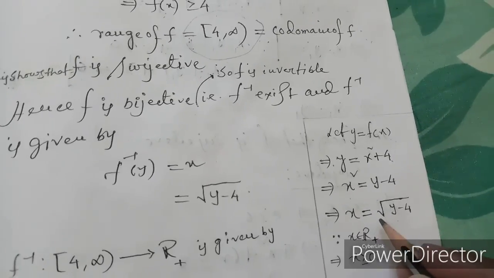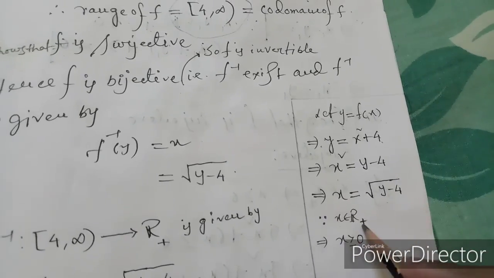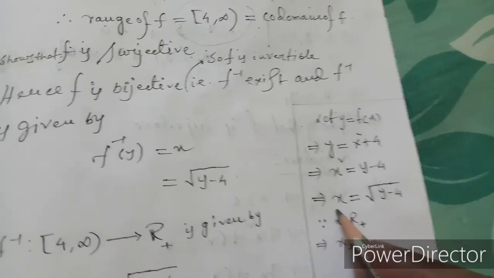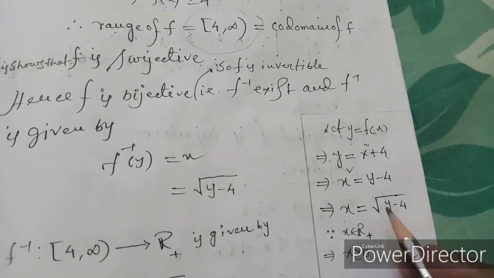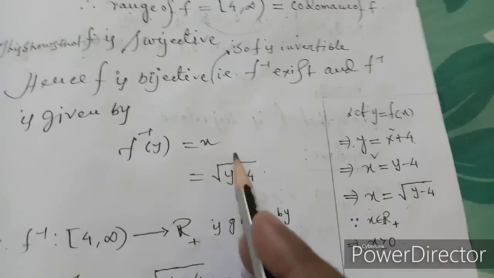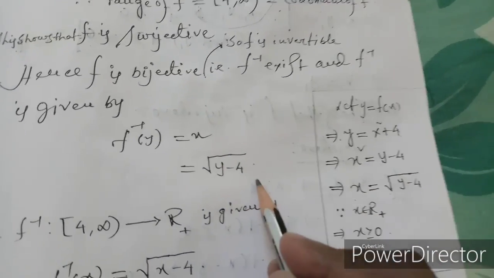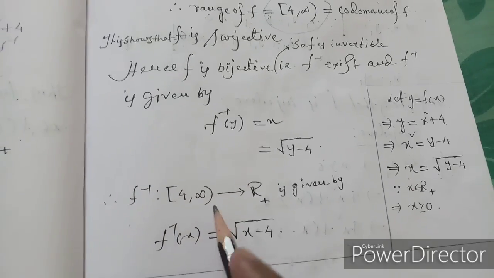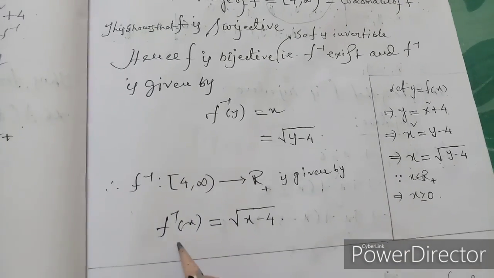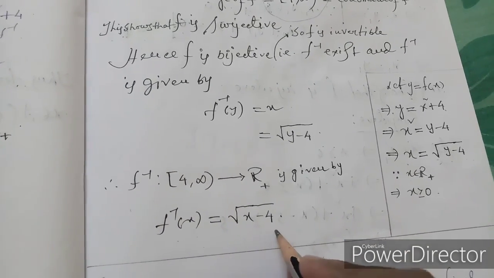We cannot take minus because x belongs to R plus, meaning x should be greater than or equal to 0, so x cannot be negative. So we only take the positive sign. So x equals root under y minus 4. Therefore, f inverse from [4, infinity) to R plus is given by f inverse(x) = root under x minus 4.